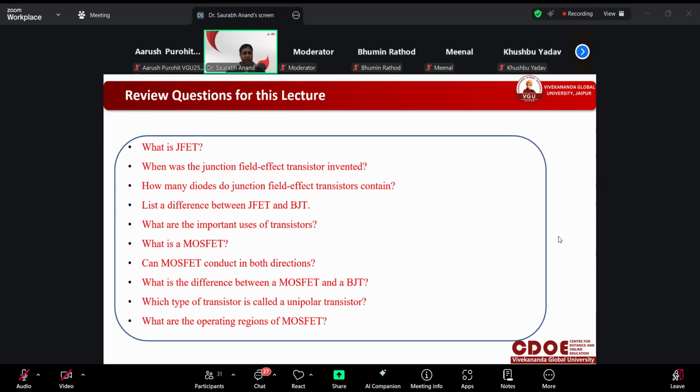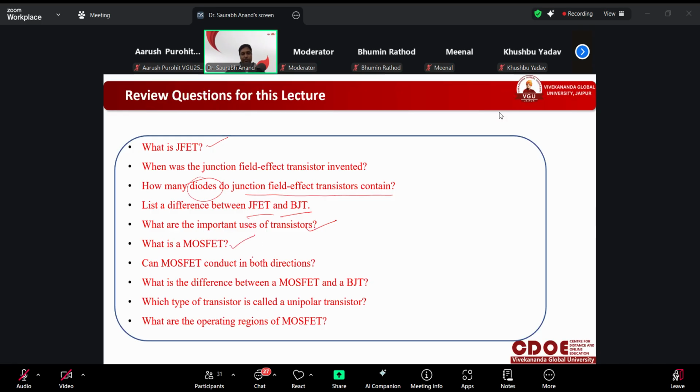So these are some questions, that what is JFET. You can give the answers of that. When was the junction field effect transistor invented? JFET contains how many diodes you can see. So PN junction, right? So after diffusing two regions, we had two. What is difference between BJT and FET? What are the important uses of transistor we have discussed?